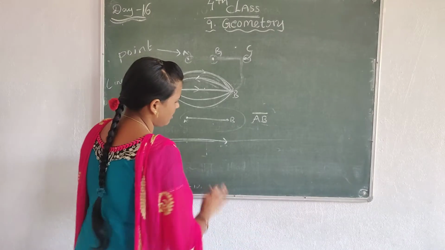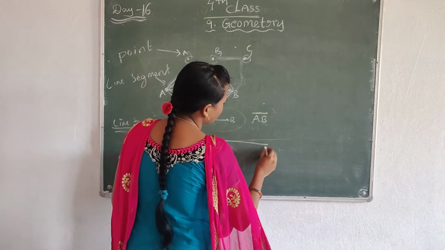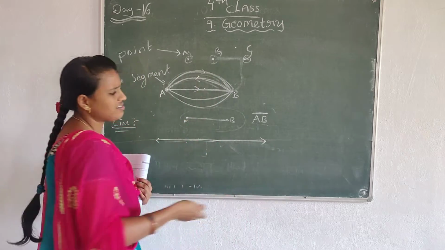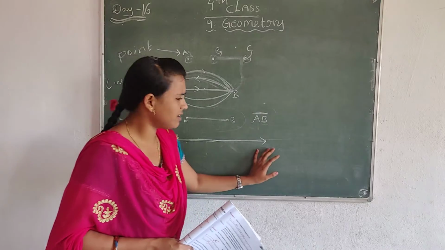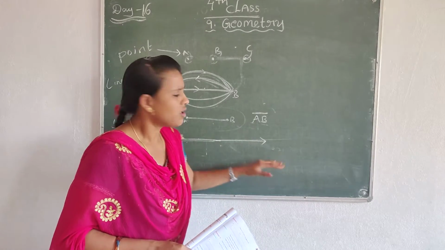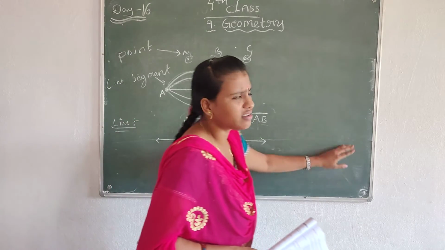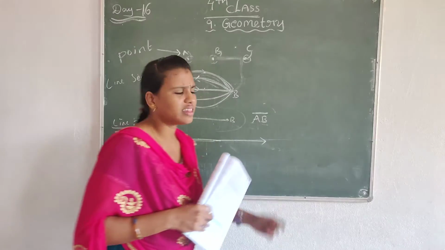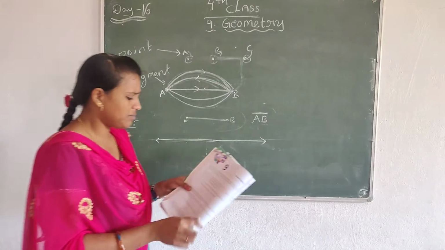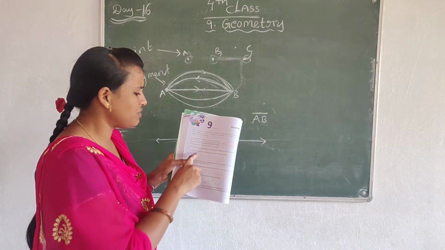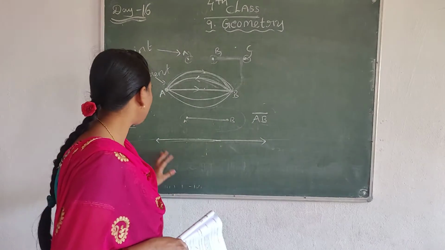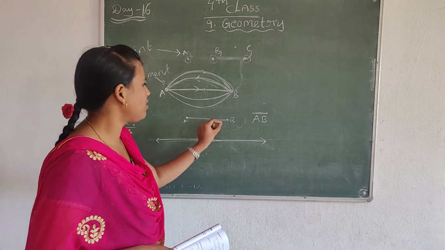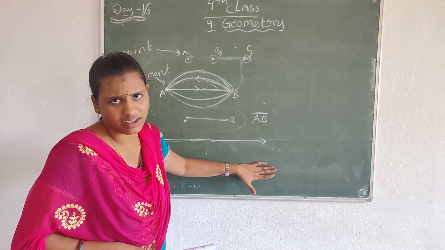We can extend some extra places, some more centimeters above. That is a line. A line is a straight path which extends endlessly. Endless means no stopping, no full stop in this line.